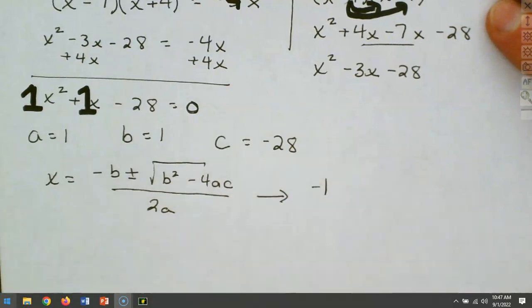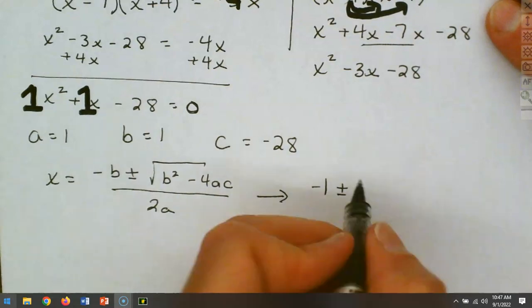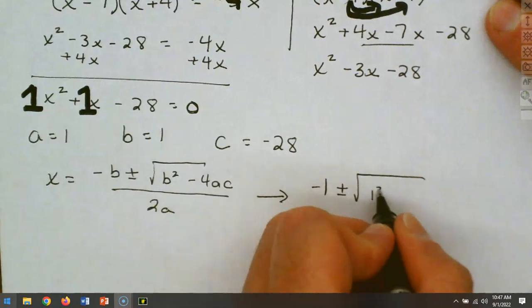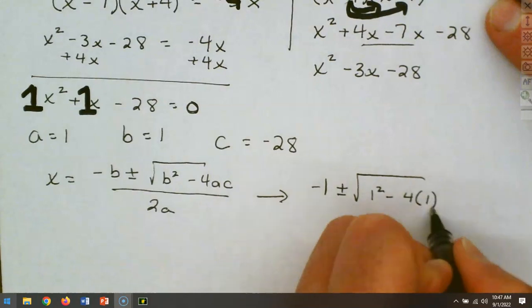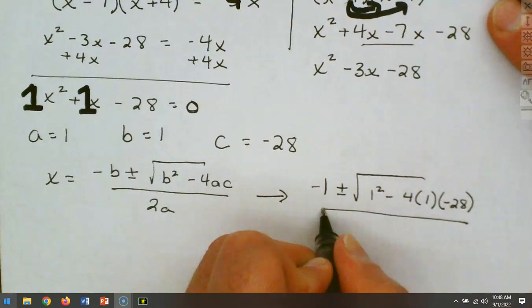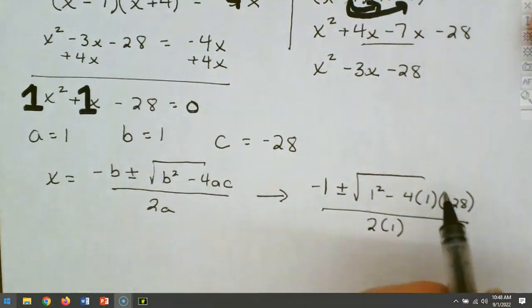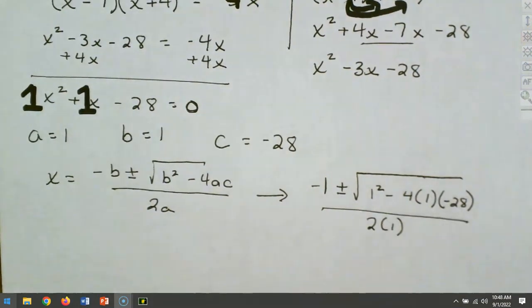So that's negative 1 plus or minus the square root of 1 squared minus 4 times 1 times negative 28, over 2 times 1. So we're taking our time here. And we're going to finish just right on time.